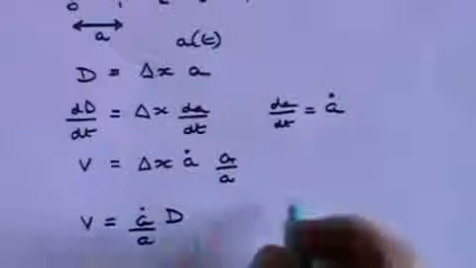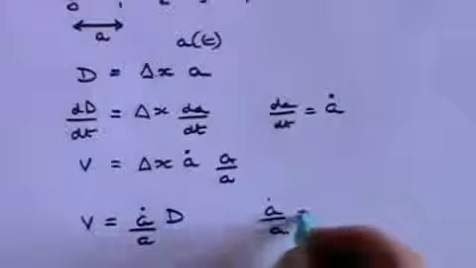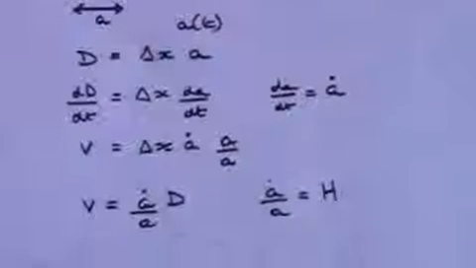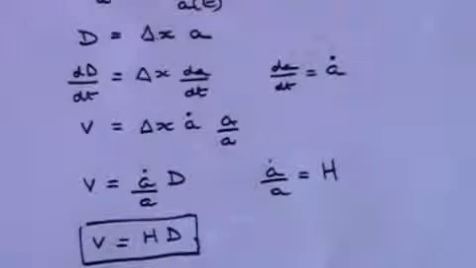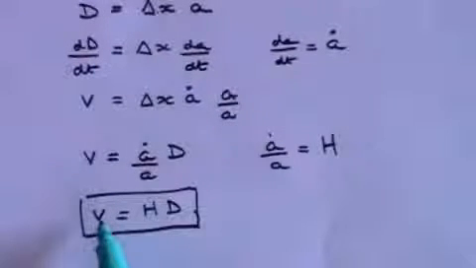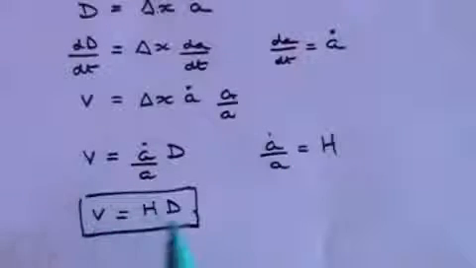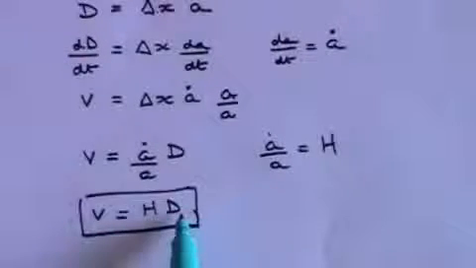And a dot over a is Hubble's constant h. So v equals hd. And that's the famous Hubble's equation. Hubble could now take this equation and knowing the velocity, which of course he could calculate from the red shift, he could work out how far the galaxy was away from the Earth.